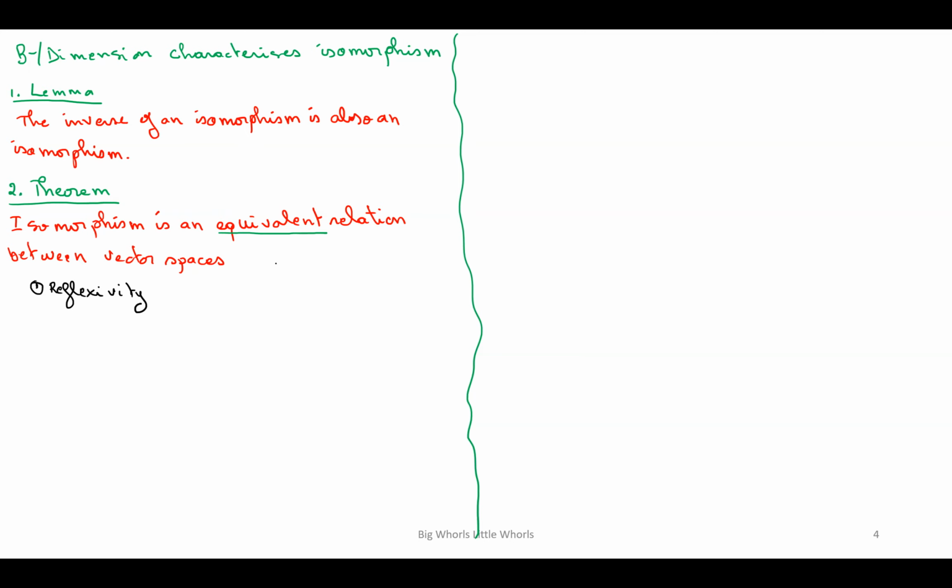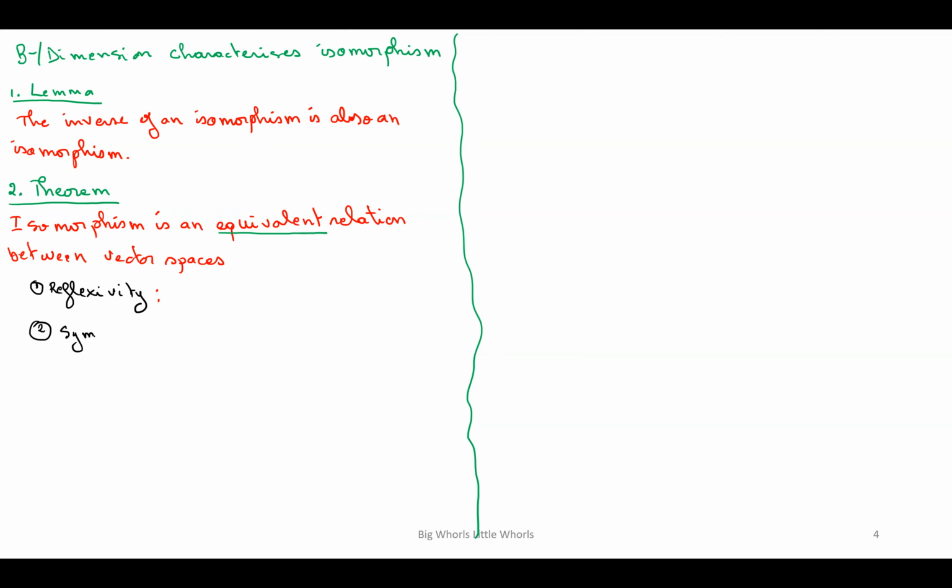So basically, if we pick two objects, or here in this case two vector spaces, V and W, reflexivity means V is related to itself, or W is related to itself. Okay, and number two, we need to prove symmetry.